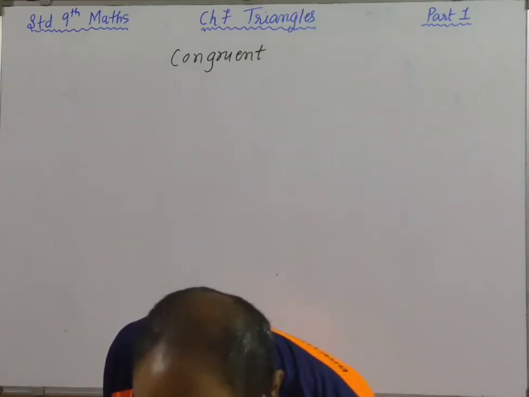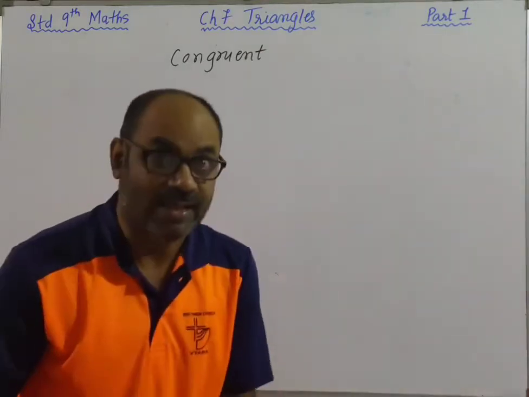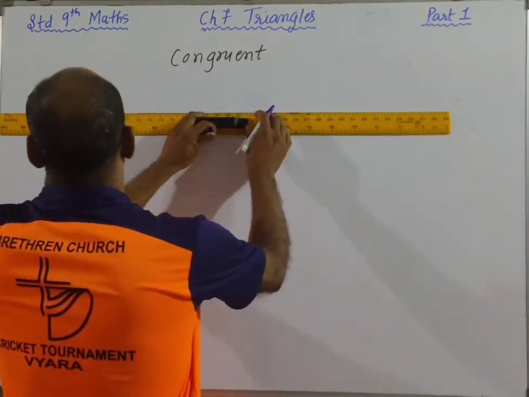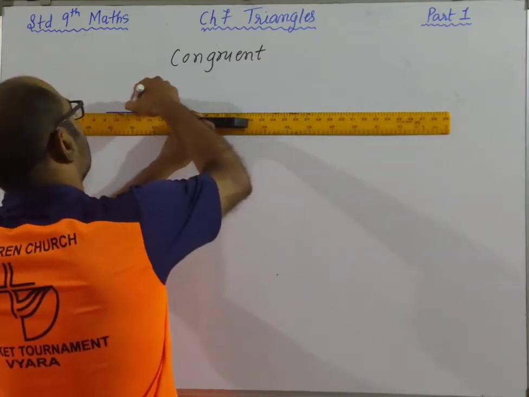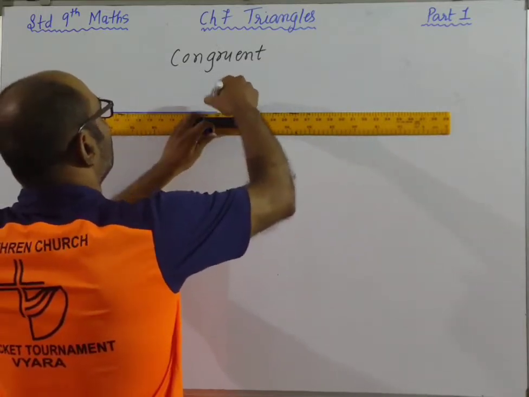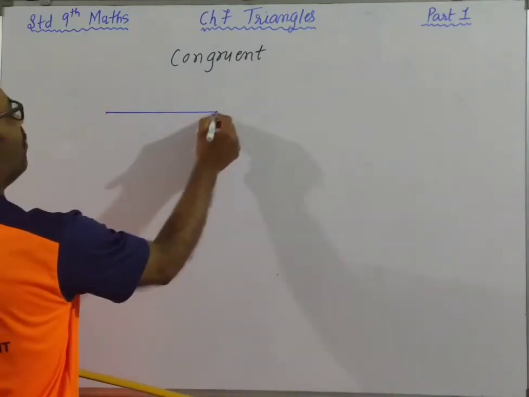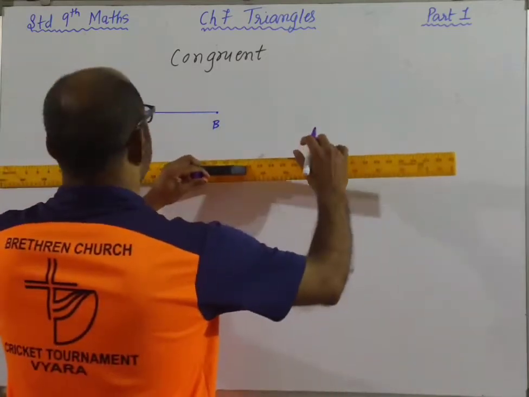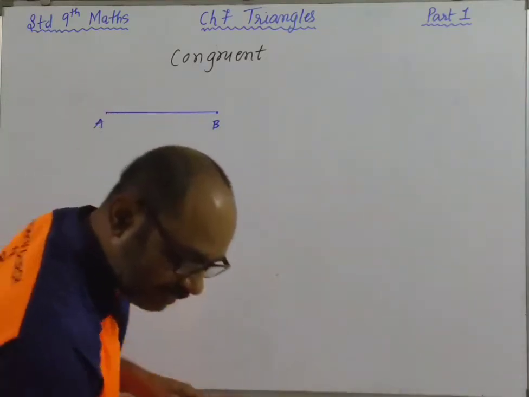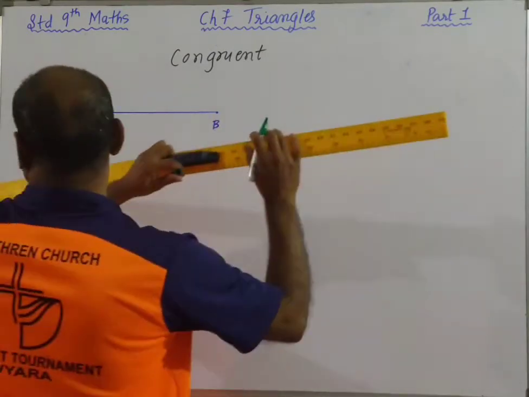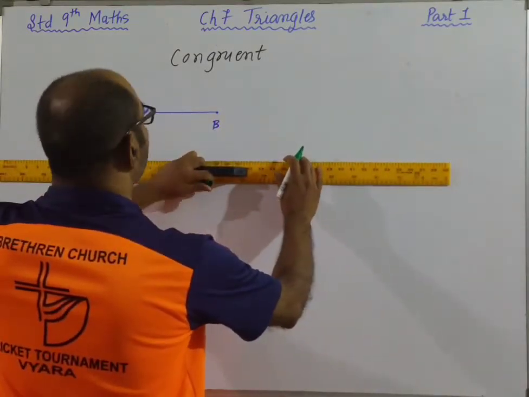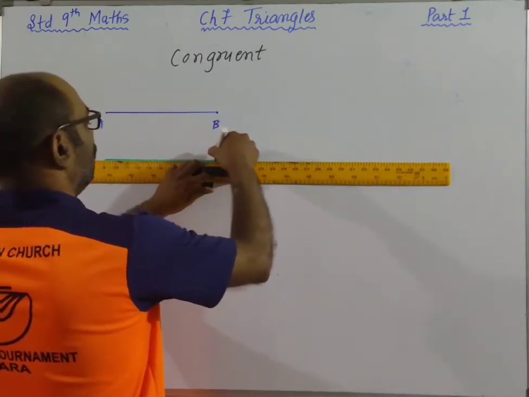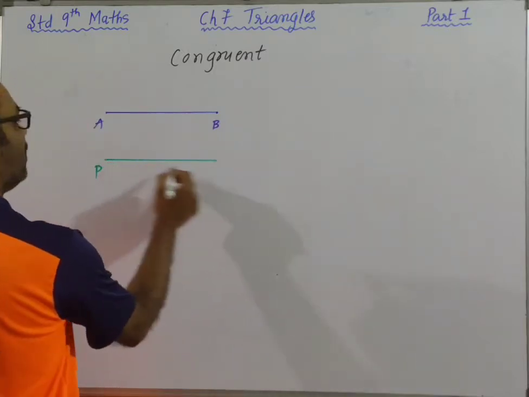Children, look here. I'm drawing two line segments. This is one line segment, AB. Another line segment I'll take, this line segment is PQ.